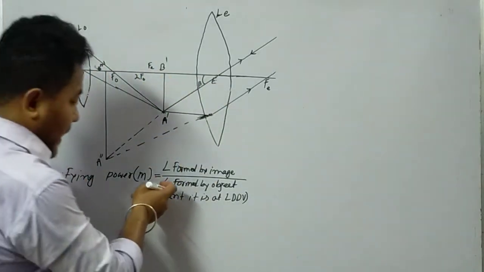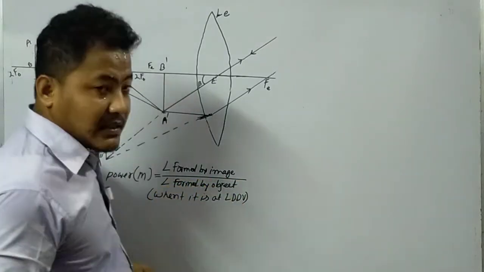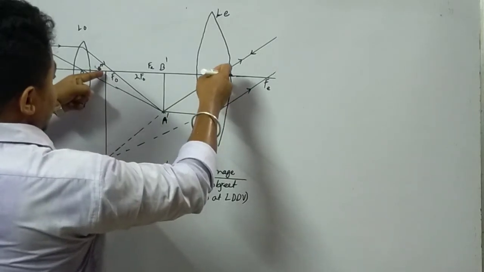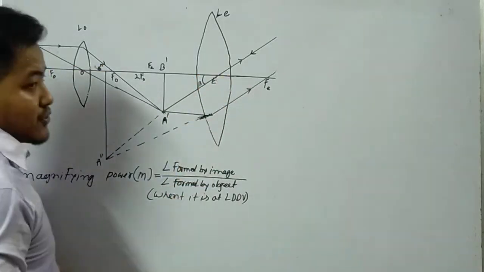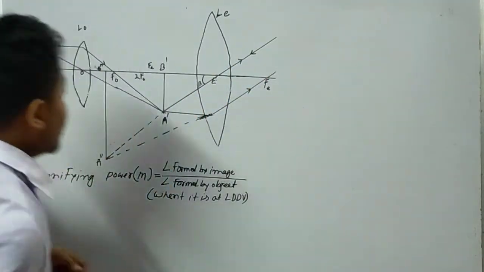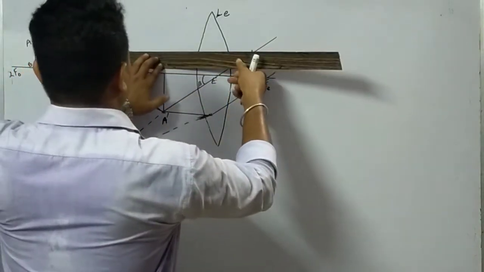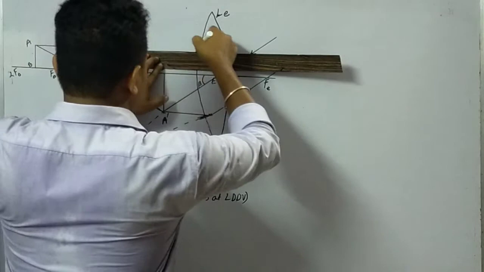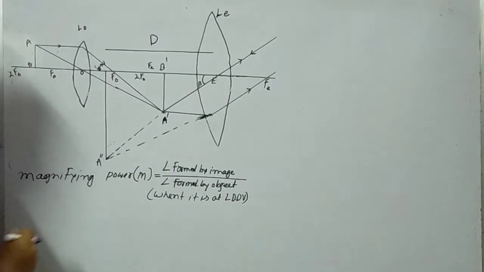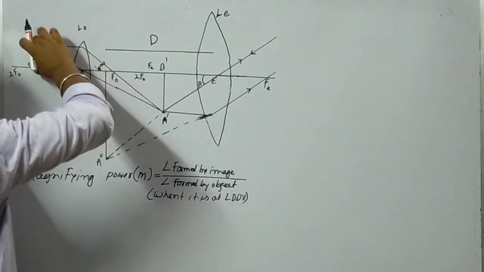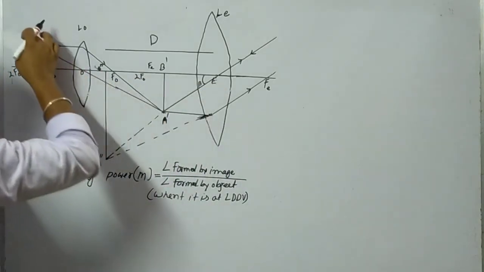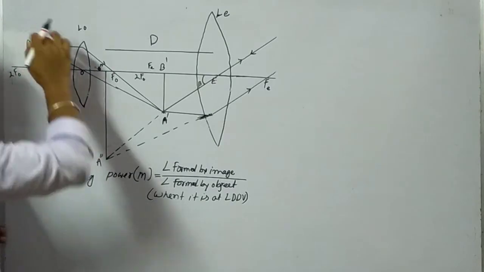Next, the angle formed by the object when it is at the least distance of distinct vision. If I consider that this is the least distance of distinct vision, that means where the final image has been produced, that one we have considered as the least distance of distinct vision, and that has been abbreviated as D. Now this object will be placed here, since this is your least distance of distinct vision. So I'm considering this object here.